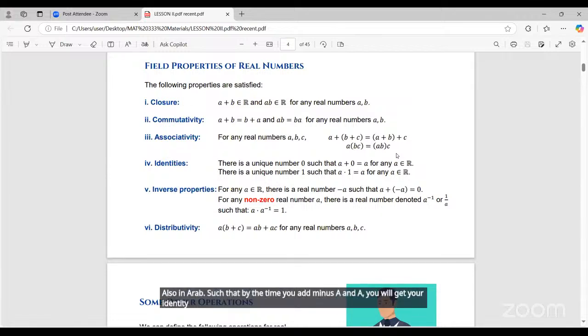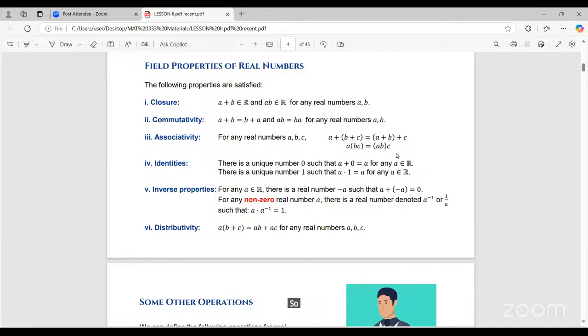So therefore, our minus A is the inverse. Now, for any non-zero number A, there's a real number A inverse, or 1 over A, such that A times 1 over A equals 1, which is our identity. Then the last law is our distributive law.